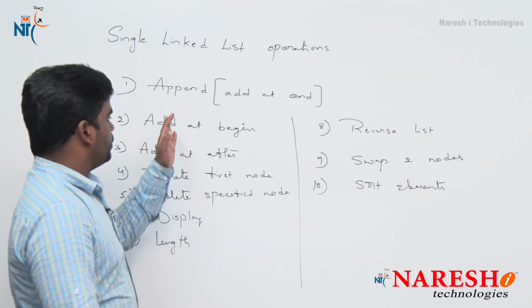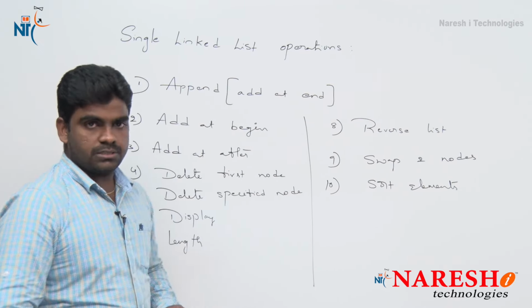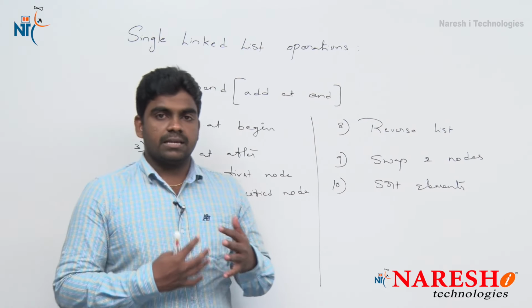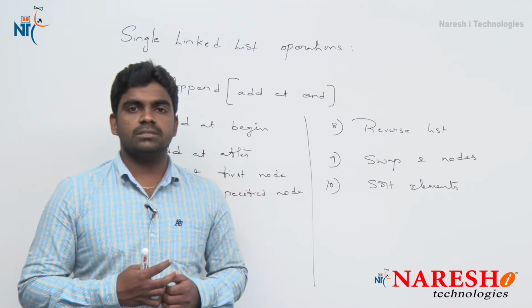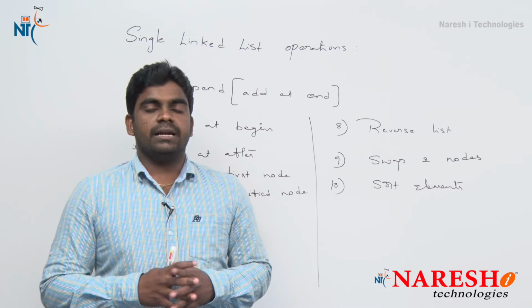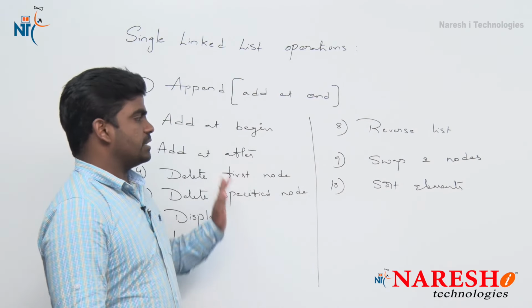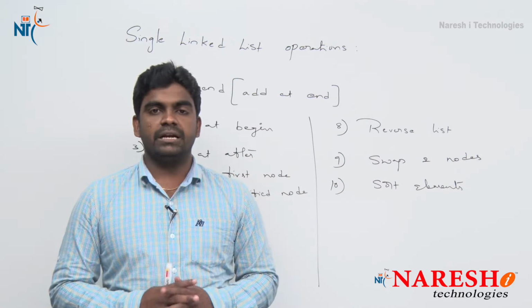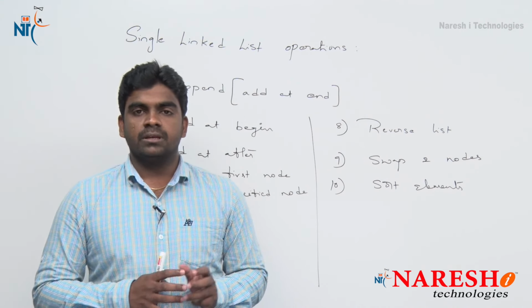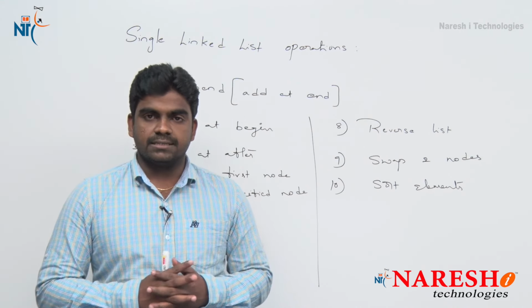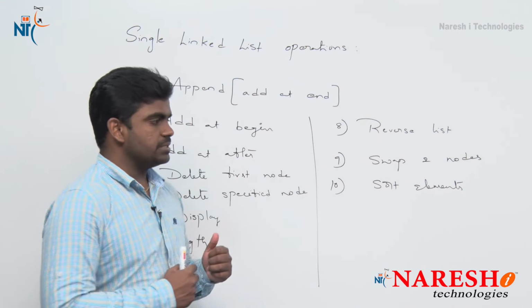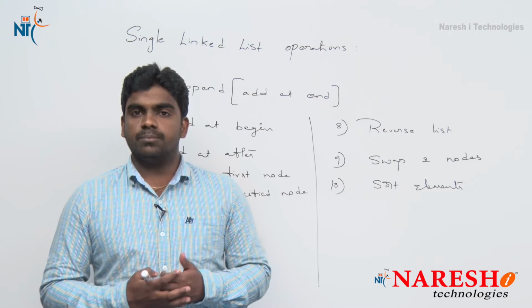How can we perform all these operations? In newer technologies like Java, in the collections framework, all these functions are available directly as predefined implementations, which are called collection framework classes. But in C language, we have to write the logic manually.